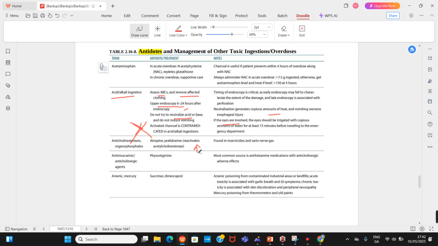What's the acronym? Anybody remembers the acronym for cholinergic crisis? DUMBBELS. Just look at the features: diarrhea, urination, miosis, bradycardia, and all those things.